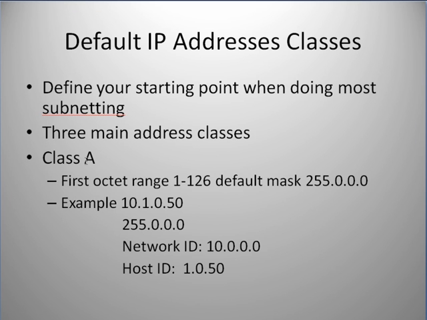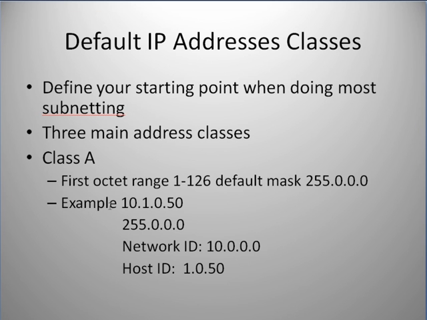So we first off look at a Class A address. Now, all the classes are defined by the number that's given in the first octet, so the first range address that you see in an IP. In this case, if that first octet is a 1 through a 126, that's a Class A address. The default Class A address subnet mask is 255.0.0.0.